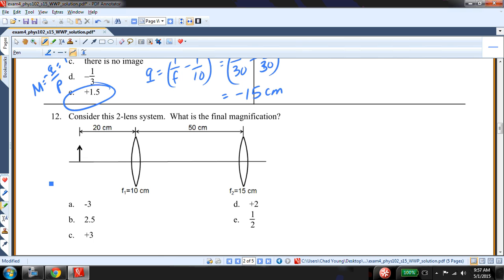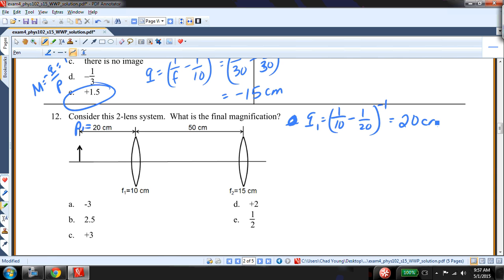What is the final magnification? All right, well, this is P1. So first I want to find Q1. Q1 equals 1 over F1, that's 1 over 10, minus 1 over P1, that's 1 over 20, to the negative 1, that's 2 over 20 minus 1 over 20, so that's equal to 20 centimeters.